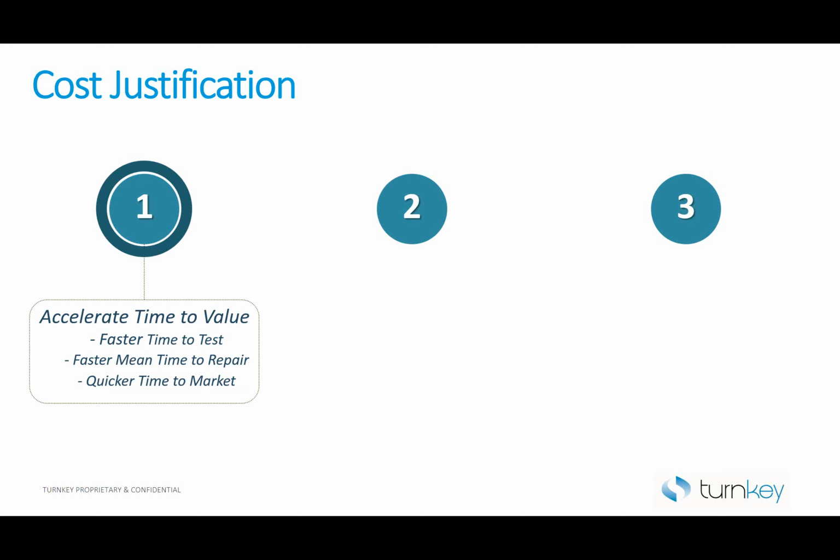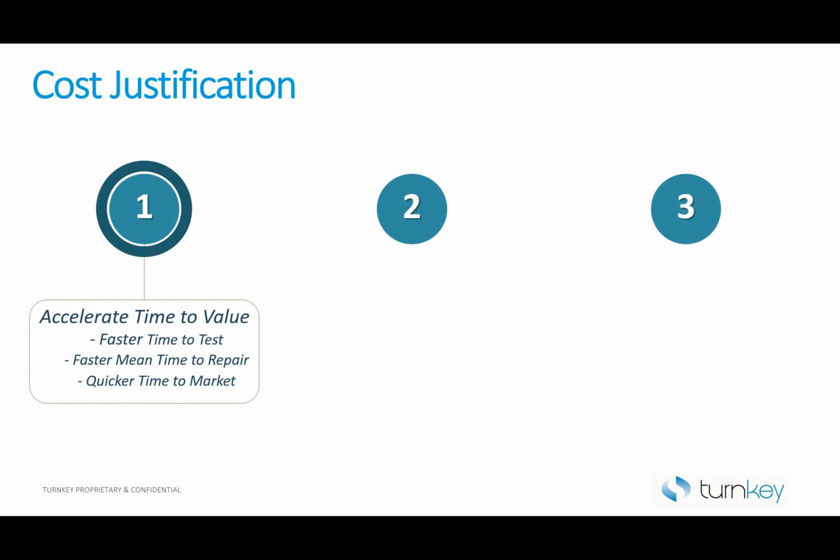So faster time to test means a faster mean time to repair, and ultimately the goal is quicker time to market with applications. And no longer is it acceptable to have critical business needs that are held up because of a slow, laborious process and lengthy quality process to deliver.